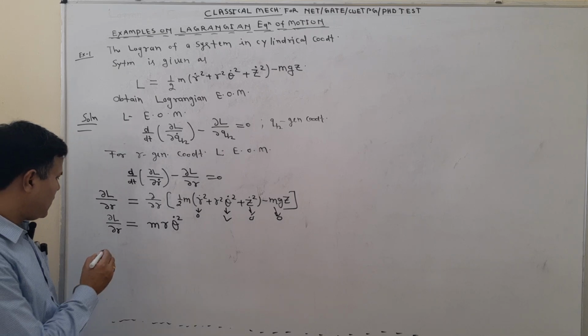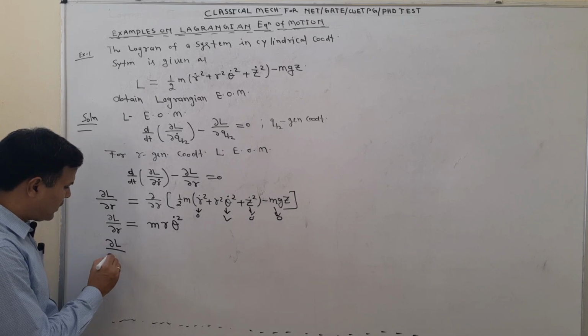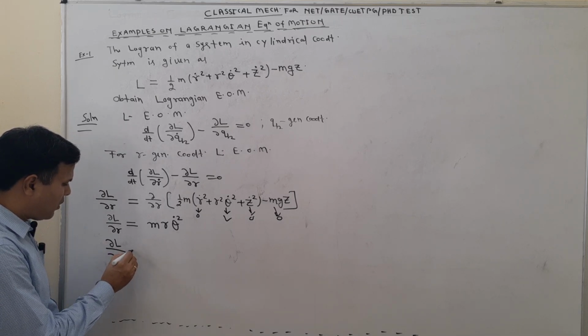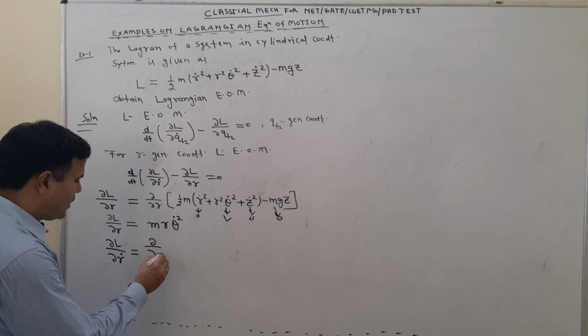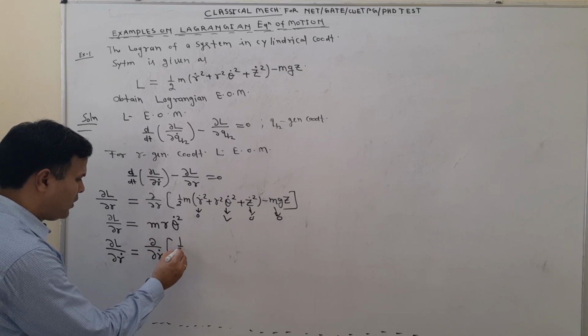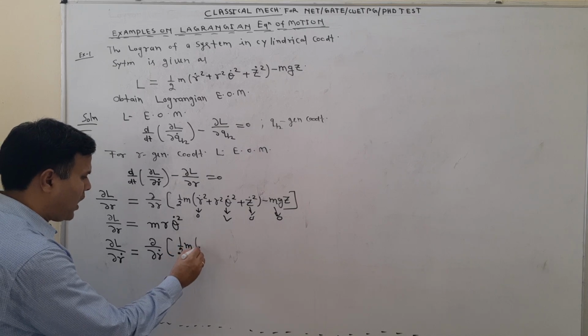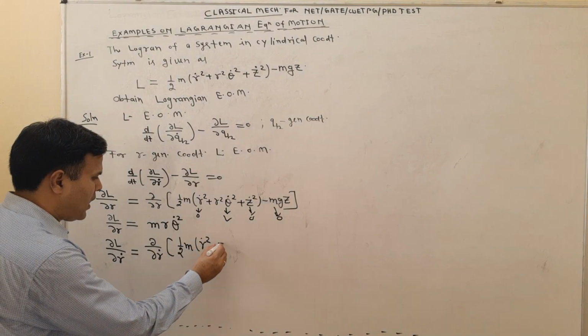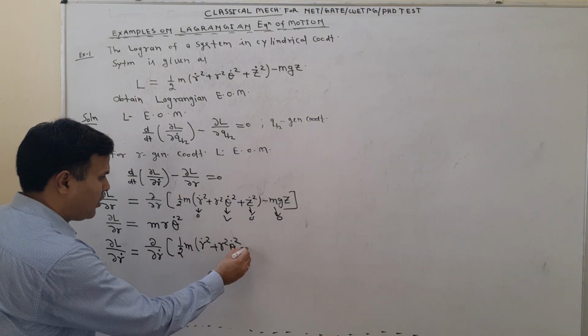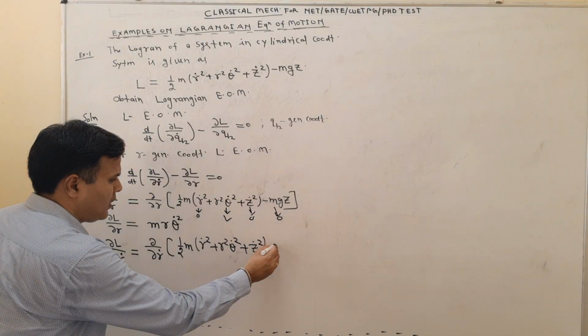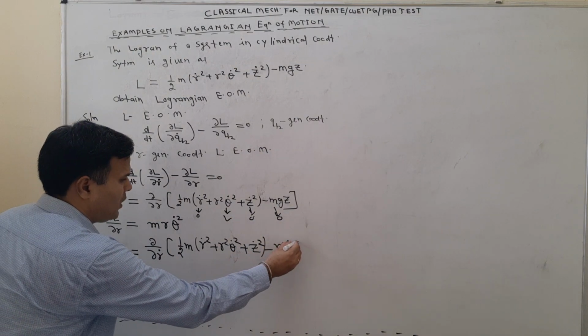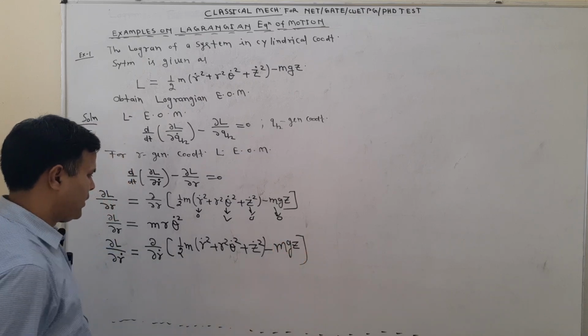Now similarly, differentiating L partially with respect to r dot, the generalized velocity. So del by del r dot of L, which is 1 by 2 m (r dot square plus r square theta dot square plus z dot square) minus mgz.